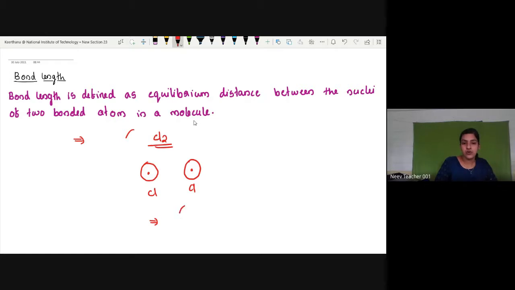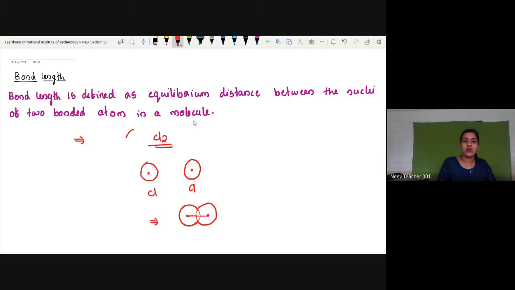After forming the bond, they seem to be like this. It is not the actual thing. There is an overlapping occurring. The bond length is defined as the equilibrium distance between the nuclei of two bonded atoms in a molecule.